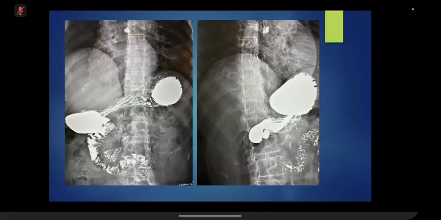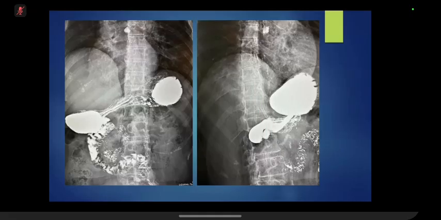These are the delayed images. You can see that the contrast was there in the stomach and everything, but did you see this? There is some retention. So it is typical that that area was a diverticulum, because we were doing cine, it was not getting any shape as we expect in conventional fluoroscopy images. But there was a diverticulum there.